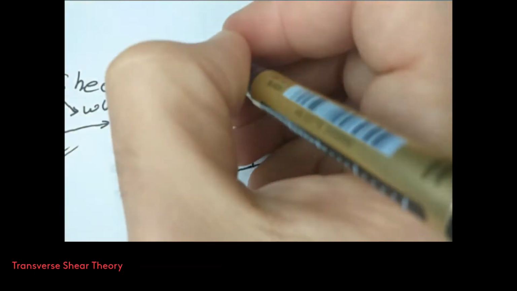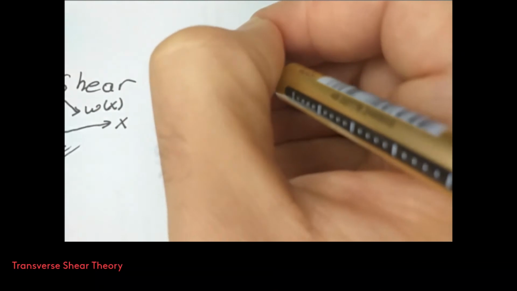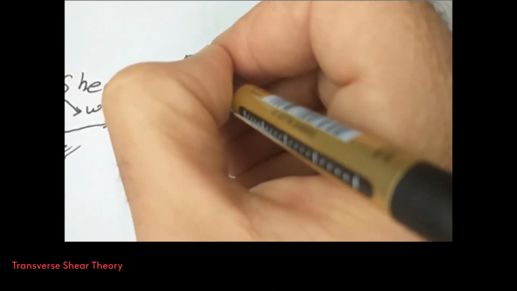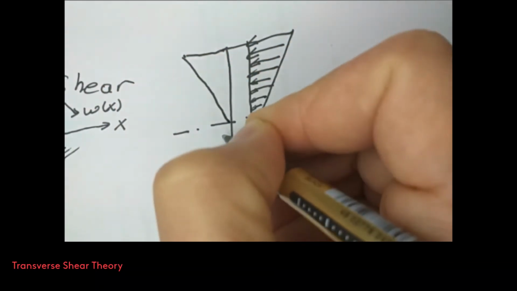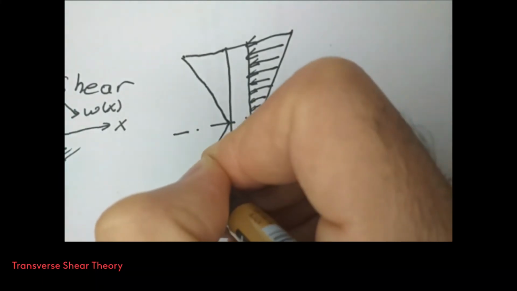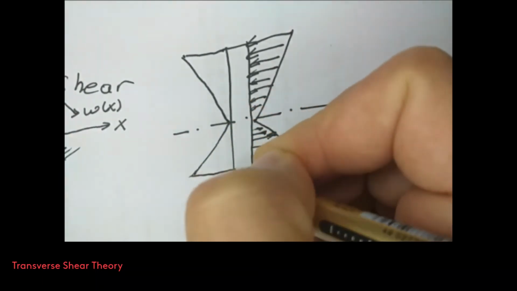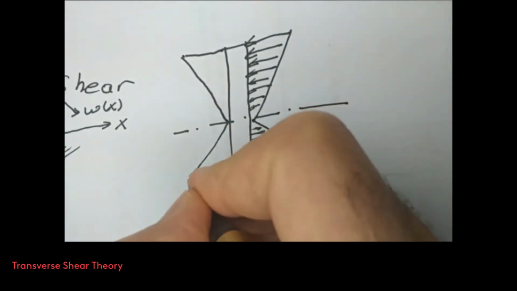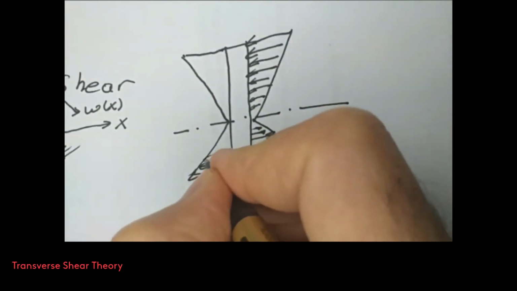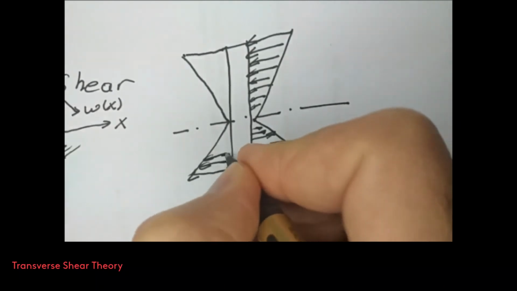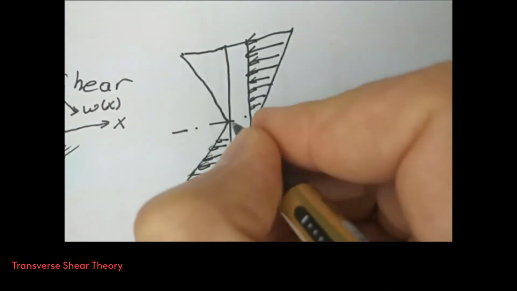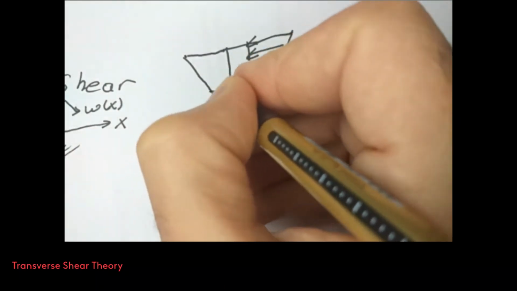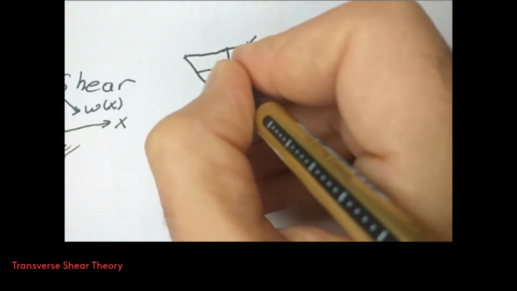On the other side there is also a stress, so again it is tensile below the neutral axis and compressive above it.